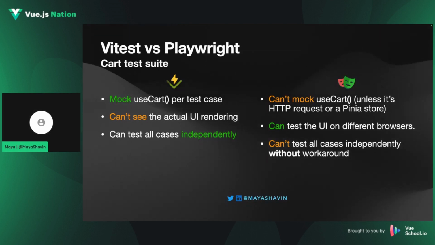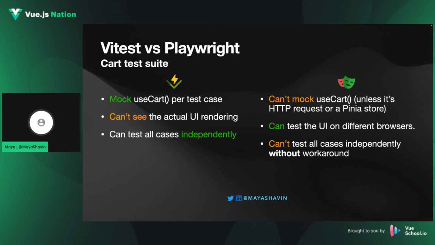For Playwright, we can't mock useCard unless it's an HTTP request or a Pinia store, which is neither in our situation here. But we can test the UI in different browsers, so we can run the test, see the card display, see the drop-down on the screen, and check whether the styling and position are correct for that specific component.